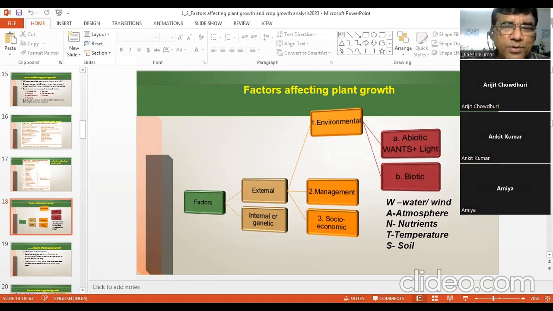You can remember WANTS, WANTS plus light. Then you have biotic factors. These are organisms like weeds, insect pests, and diseases. And a lot of interactions happen in the category of biotic factors. For example, you have certain kinds of symbiosis in plants. You have rhizobium legume symbiosis. So that also becomes a biotic factor.